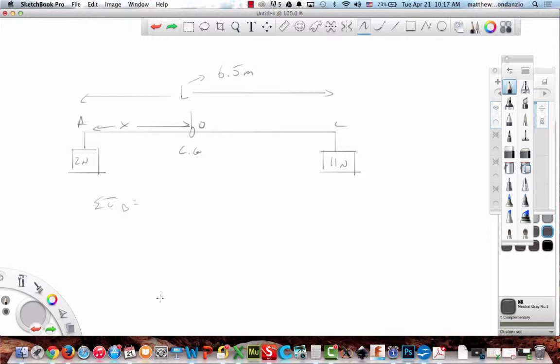I know negative is to the left and positive is right. How do you know which ones are negative and positive? The forces are always going to be negative if they're going down. These are weights going down, right? The rope is going to go what direction? Up.